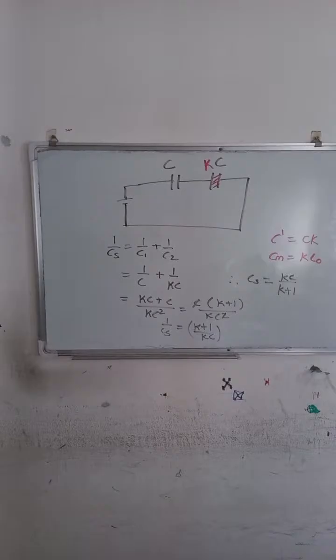Here the capacitance of the parallel plate capacitor is 10 microfarad, that is, C is given as 10 microfarad. I will write down the given quantities here first, then it is easy.